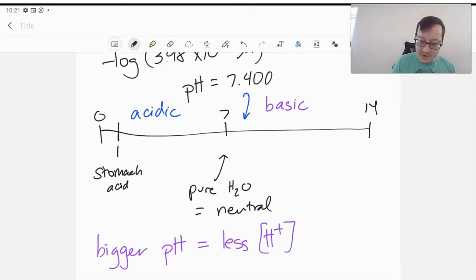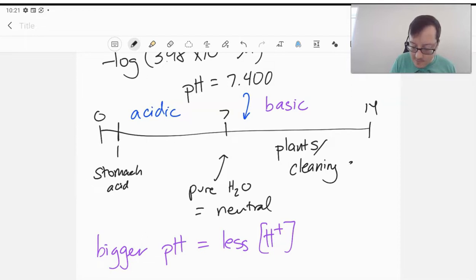We'll see that many plant-based products or cleaning materials tend to be more basic, and a lot of foods tend to be more acidic. So tomatoes, coffee, that sort of thing. When we're looking at plants, that's more like tea. No, tea is slightly acidic. What I mean by that is, like, I don't want to say cocaine.